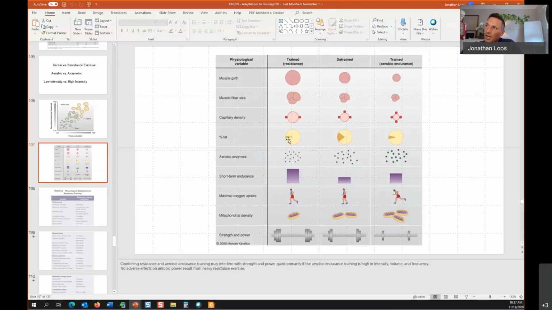So your resistance training athletes, like your sprinters and high intensity, are probably going to be in the single digit percentage, like 5, 6, 7%, whereas your endurance athletes, your runners, are going to be more in the 11, 12, 13%. And it's not because they have more fat, it's because they have less muscle, or these guys have bigger muscle. So just as long as you understand that component.